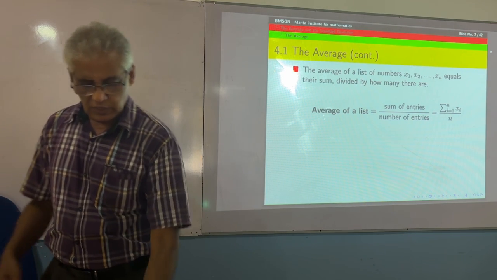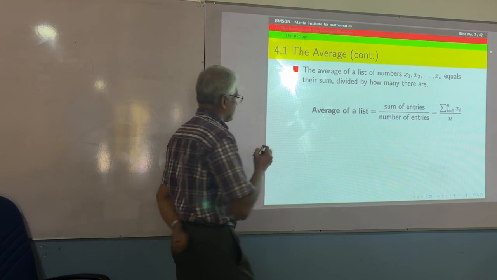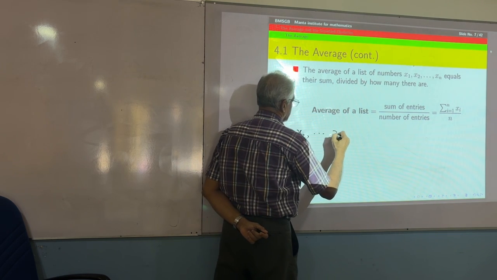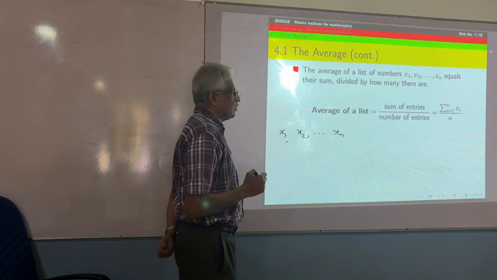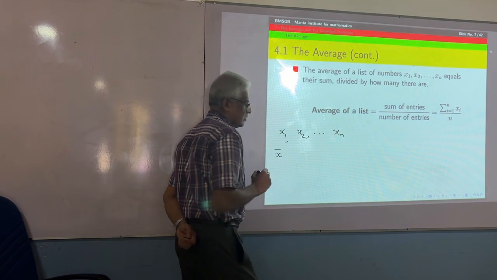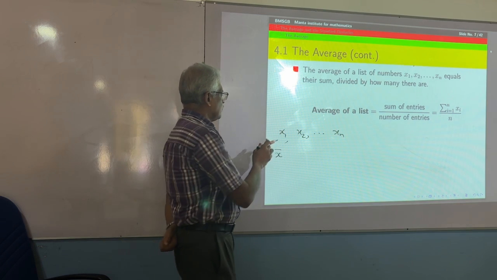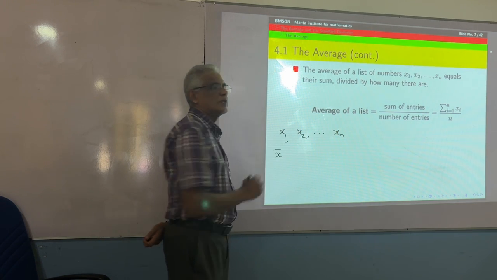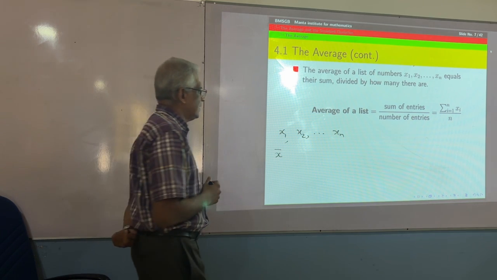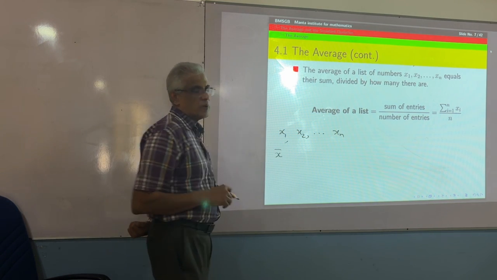Usually if you denote your observations by x1, x2 up to xn, we denote this average by x bar. That is the usual notation. If you denote your observations by y1, y2, y3 up to yn, for example, in that case you use y bar as the average.